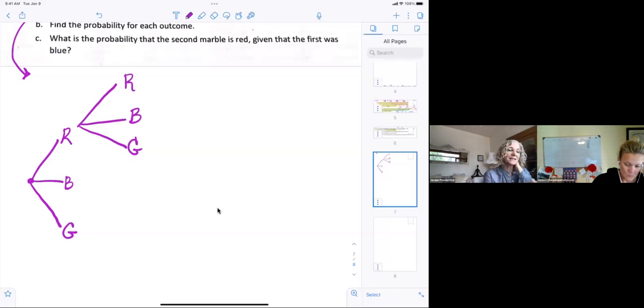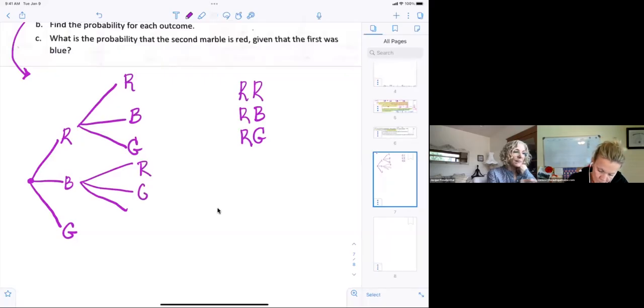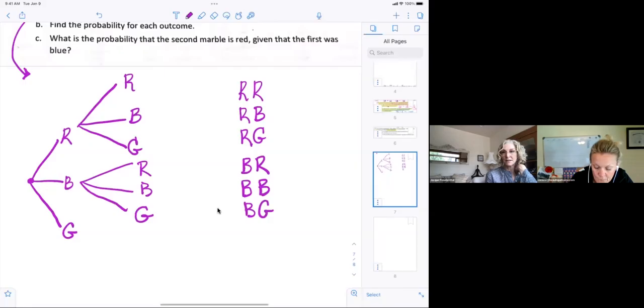So right now, my sample space is red on the first, red on the second; red on the first, blue on the second; red on the first, green on the second. If I draw a blue marble first, I'm still going to have those 3 options: red, blue, or green. So my sample space also includes blue on the first, red on the second; blue on the first, blue on the second; blue on the first, green on the second.